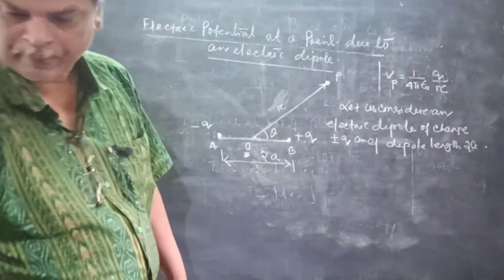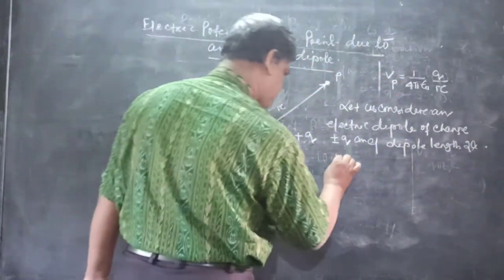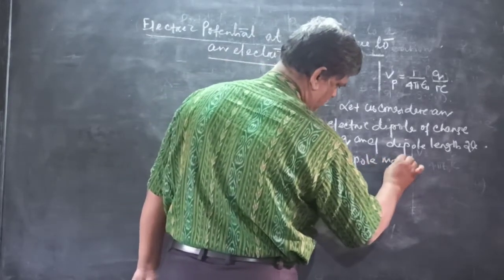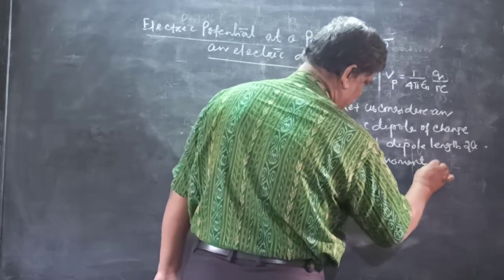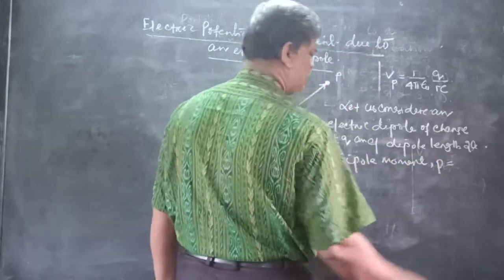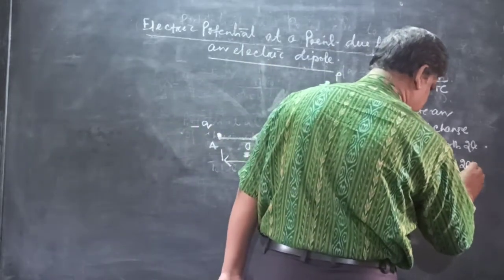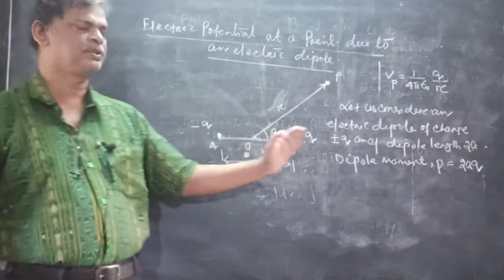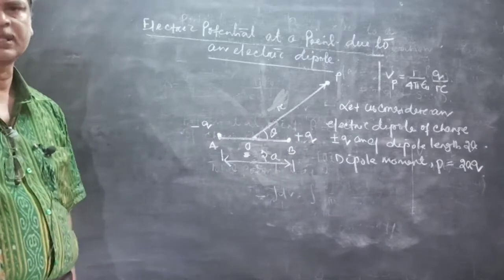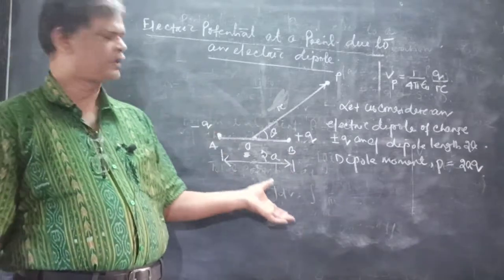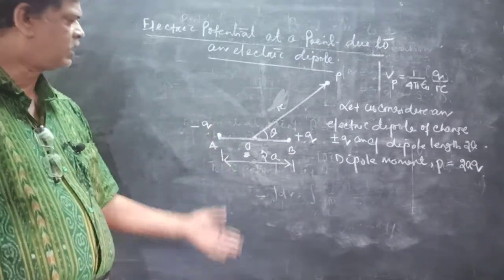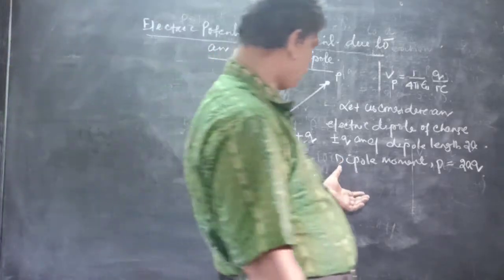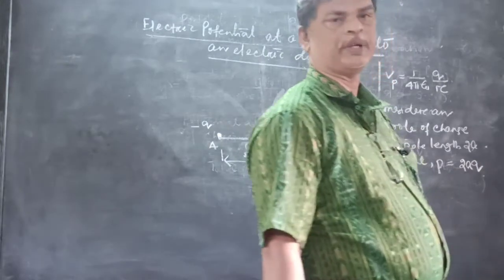So what is the dipole moment? The dipole moment p is equal to charge into dipole length, that is 2aq, and it is directed from minus to plus. We don't bother about the direction because what we are finding is the potential, which is a scalar quantity. Then the dipole moment p is 2aq.